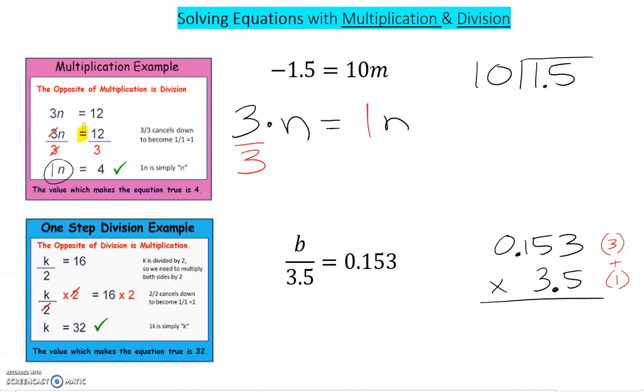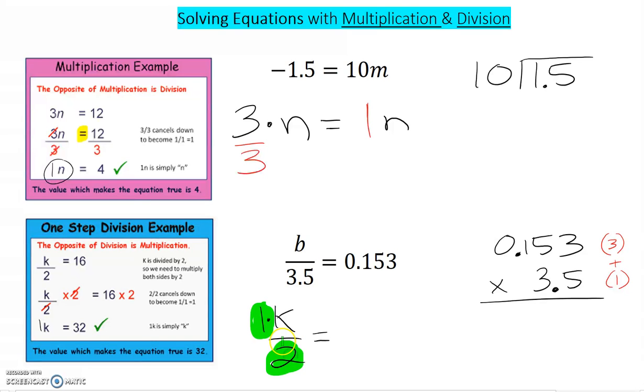All right, let's take a look at the second problem. Here we have a variable over a number. And in this case, very similar idea of what's happening here. We want to get down to just 1k. And how do we do that? Well, remember, if we have k over 2, we can break it into a number. And remember, because this is like 1 times k, we can just break it into numbers.